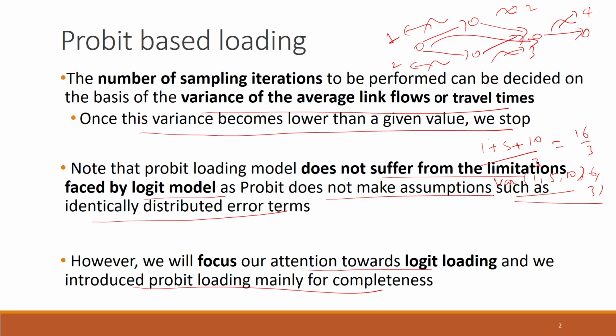And why is this Monte Carlo simulation always required for the case of Probit loading, whether we have to determine the choice probabilities or the satisfaction function and so on? Because the cumulative distribution function of a normal distribution does not have a closed form expression. Okay. So those values are given in some standard tables and so on, which themselves come from numerical integration and so on. Okay.